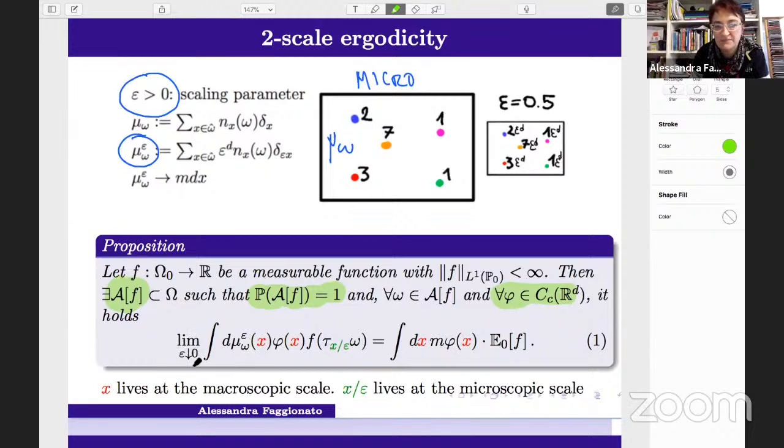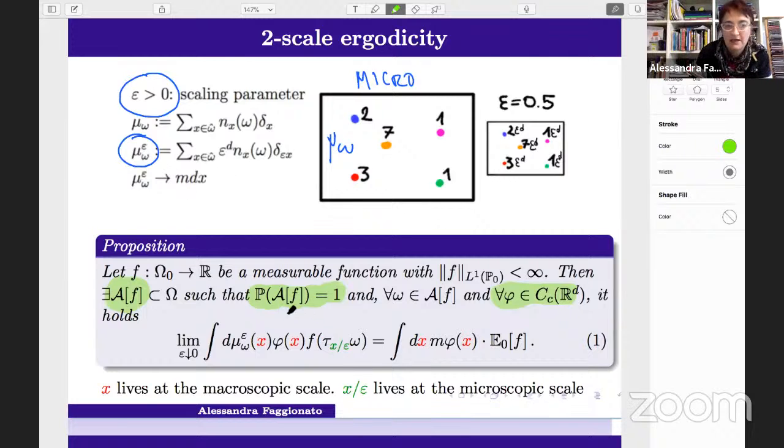The limit when epsilon goes to 0 of the integral with respect to the rescaled reversible measure mu epsilon omega of phi of x, times the observable of the environment, where you center your microscope around the point x and zoom out. This limit is the integral on R^d of dx m phi of x, and then the expectation of f with respect to the Palm distribution.